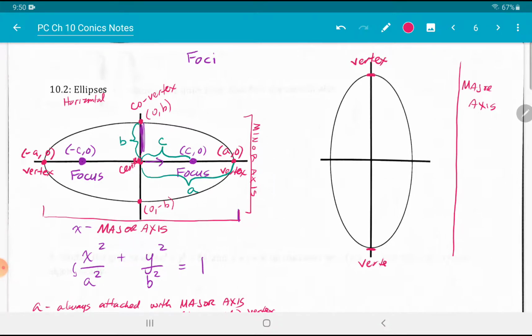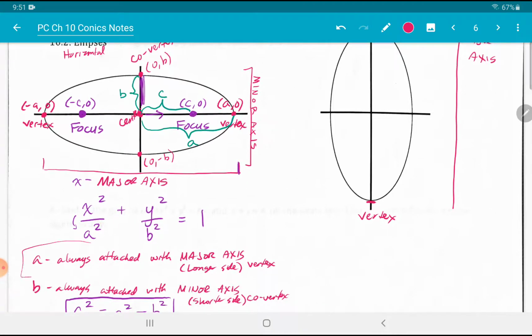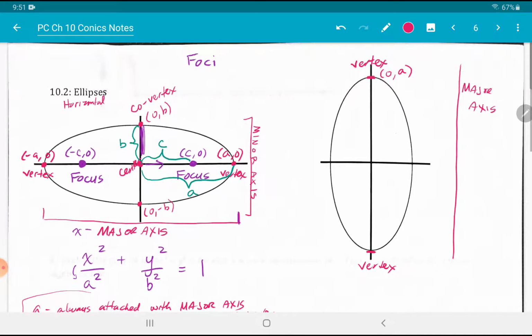Now the vertex has a new ordered pair. Because it goes up and down along the y-axis, we now have a vertex at (0, a). Remember, a always attaches with the major axis. And the other vertex is going to be at (0, negative a).